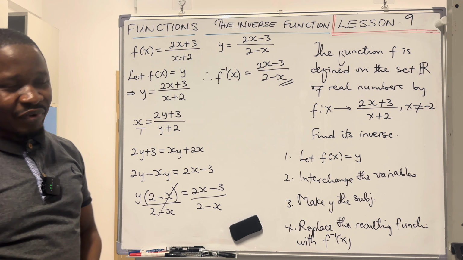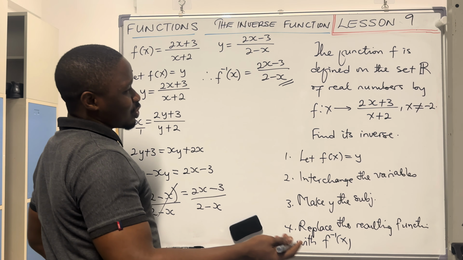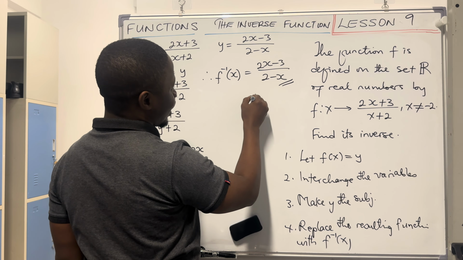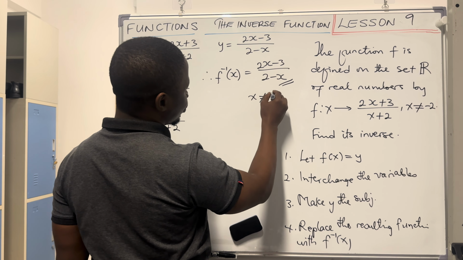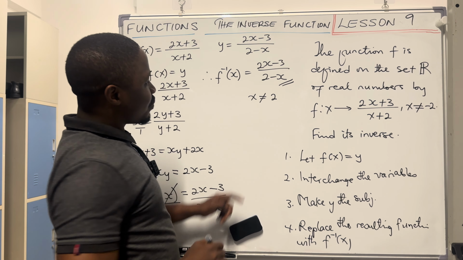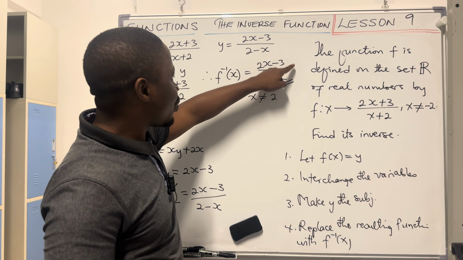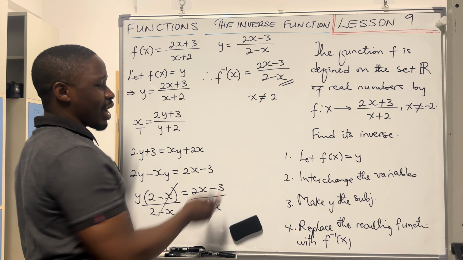So this is the inverse of the given function. If you want, you can also create a similar restriction on the domain, saying x is not equal to 2, because if x is 2, 2 minus 2 becomes 0 and it will render the whole expression undefined. But it's not compulsory to write it here again.